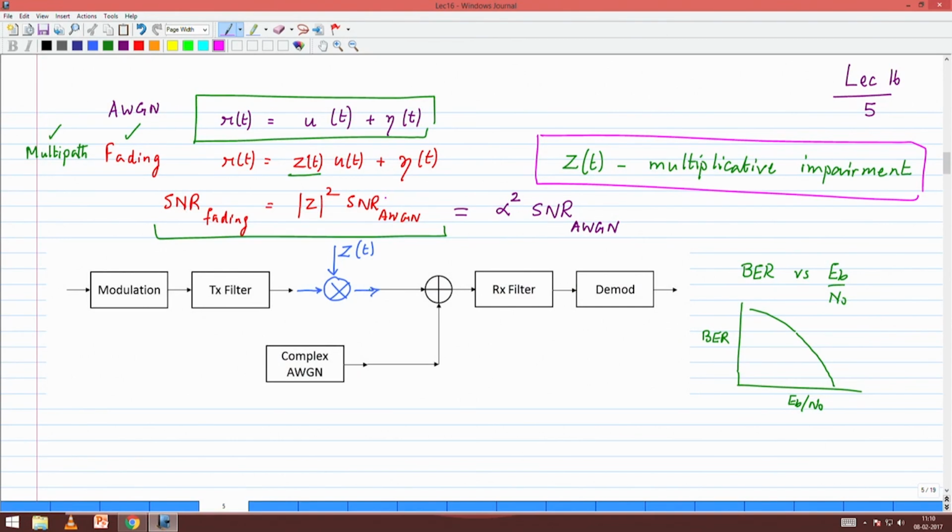Okay. So that's a very, very important element. We'll come back to discussing this a little bit more towards the end of the lecture. But is this part clear, that we have introduced an impairment which potentially could have a very significant impact on my bit error rate performance, because z(t) is a fluctuating one?